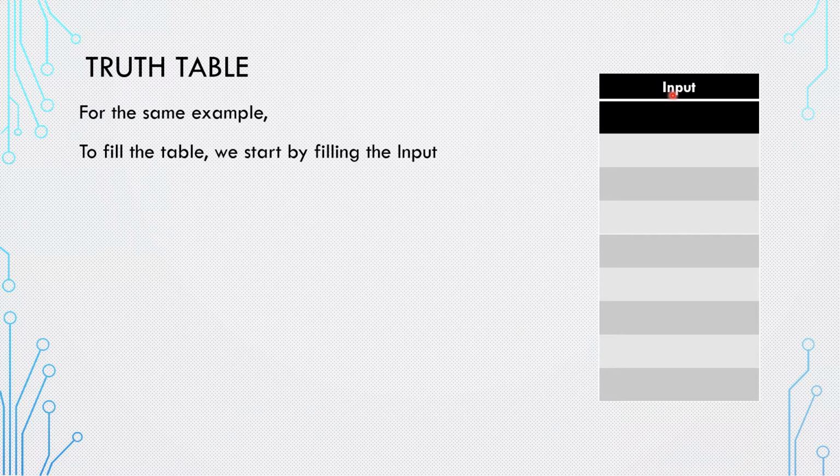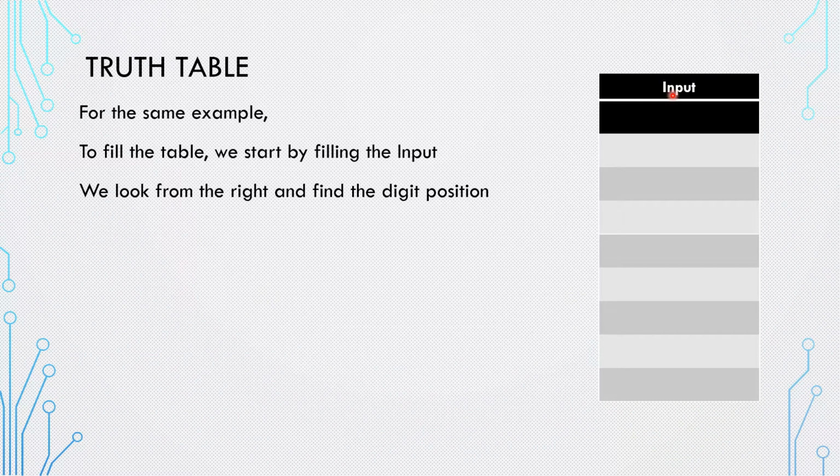We want to find now the inputs, how to fill them in order to state all the possible situations. In order to write down the inputs, you need to start from the right with some input, let's say C, and I will write it down as 0, 1, 0, 1, and it should be changing each time.